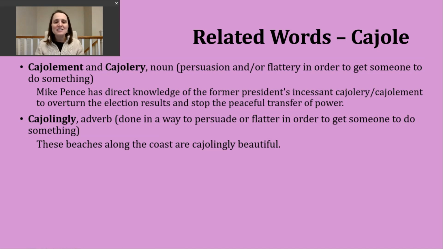So here in this sentence, you might notice cajolingly is describing the adjective beautiful. And you might think, how does a beach persuade someone? But it might get the person thinking, wow, I want to live there. I've got to spend more time here. This is just the most beautiful thing I've seen, or the most beautiful place I've been.